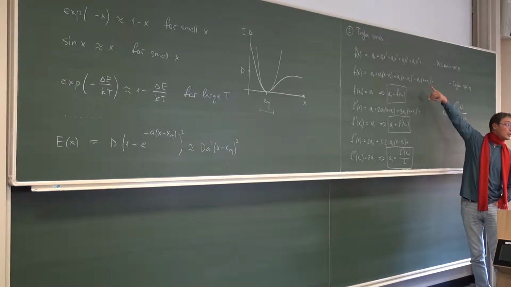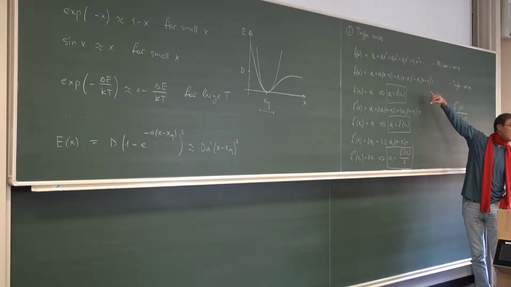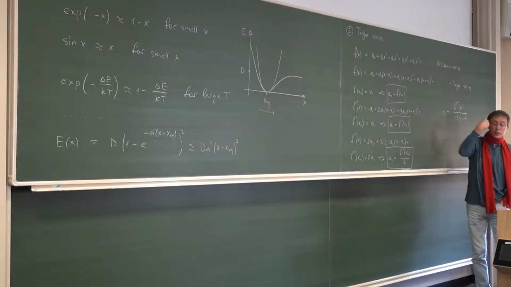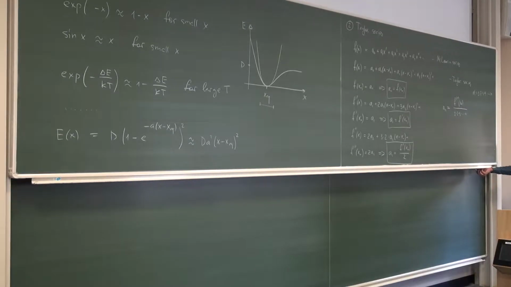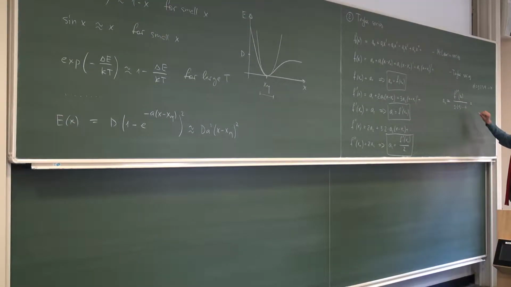First the n will pop out, then n minus 1, then n minus 2, n minus 3 as you're differentiating again. Such a product has a name. It's called a factorial, with an exclamation mark: n factorial is 1 times 2 times 3 times 4 and so on up to n. So that's actually the nth derivative of f at x0 divided by n factorial.